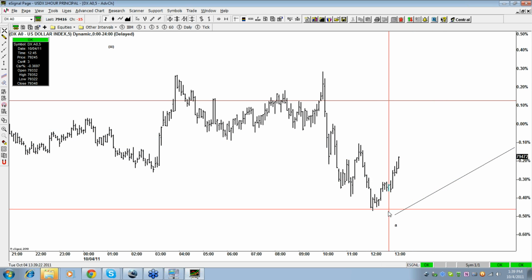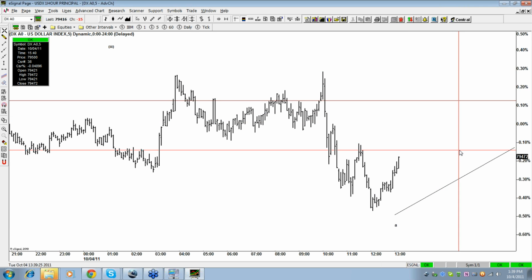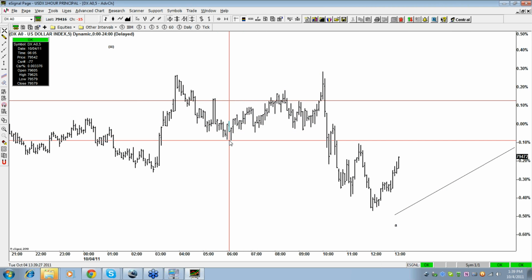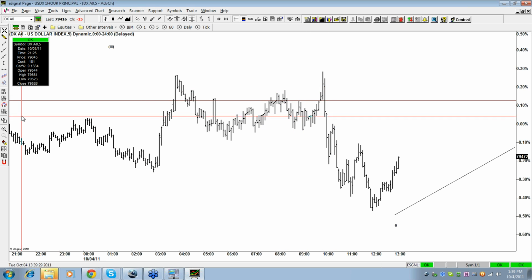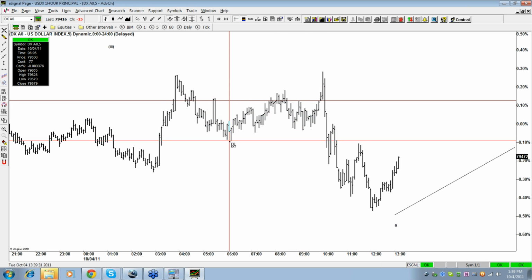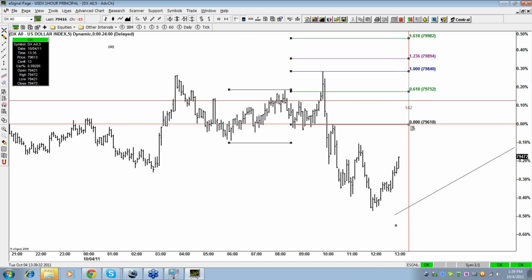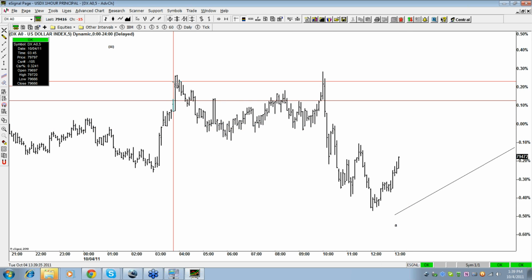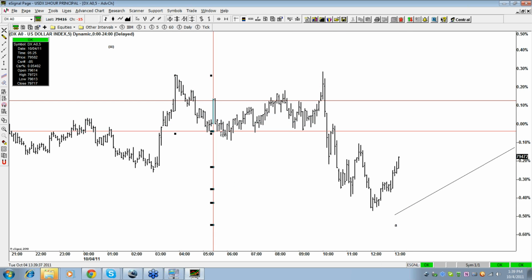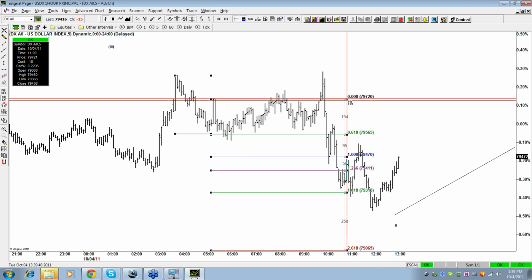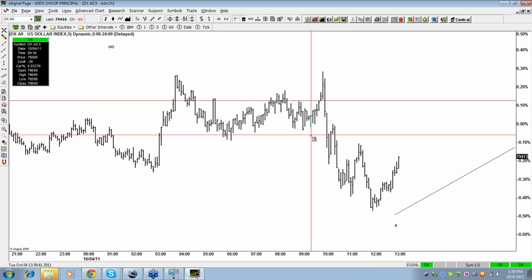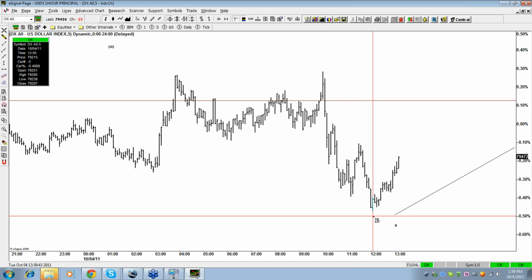So don't be surprised to see a straight out, because this move was in 3, 2 equal legs right there. Look, guys. And that's why I mentioned the flat as a possibility on the euro. Look, 618, ABC, and 5 waves down.